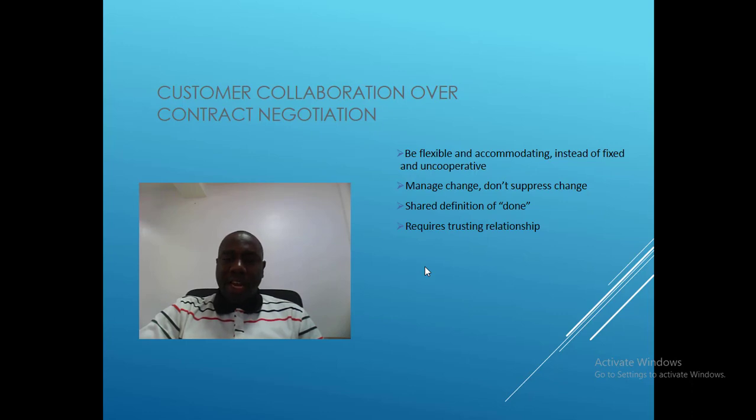There's a shared definition of done, which is what is expected in terms of requirements for the project. It has to be clear from the beginning, from the project team side and the customer side, what the requirement is all about. And it requires a relationship that is built on trust.